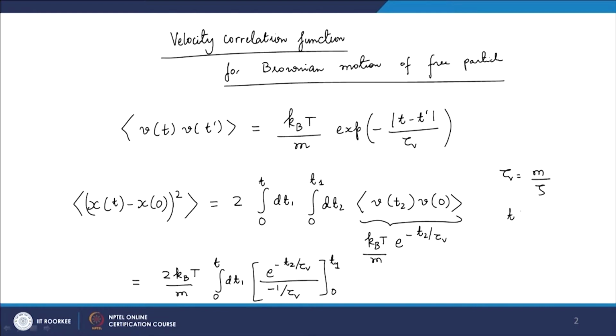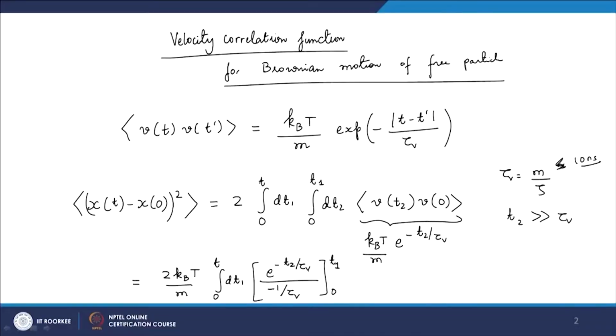If this time scale is very small compared to the time scale we are interested in, the time scale of diffusion, that is to say if T2 is much higher than tau v, which is not a bad assumption, because tau v is typically of the order of say 10 nanoseconds or smaller, and we may be interested in times in microseconds, milliseconds or seconds. Those times will be very high compared to tau v.